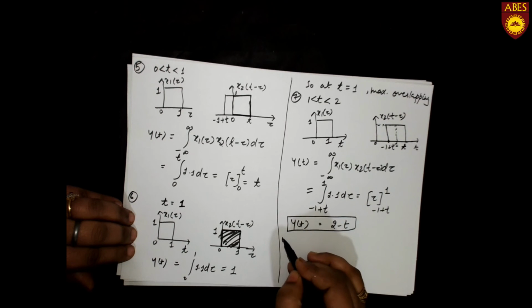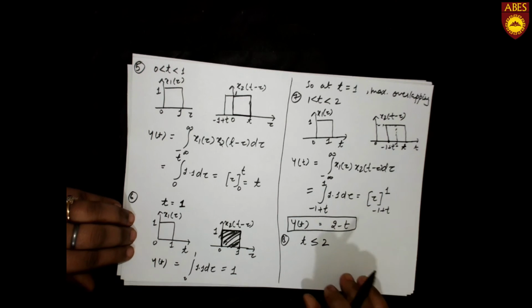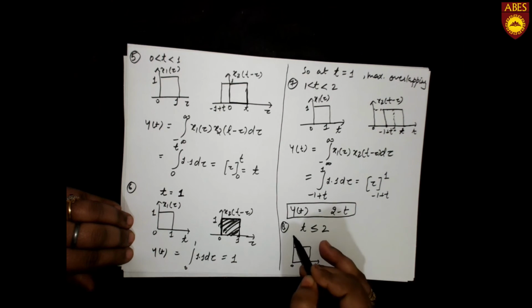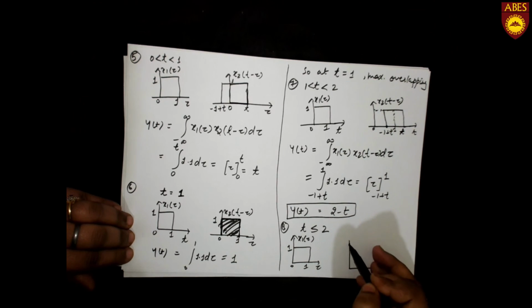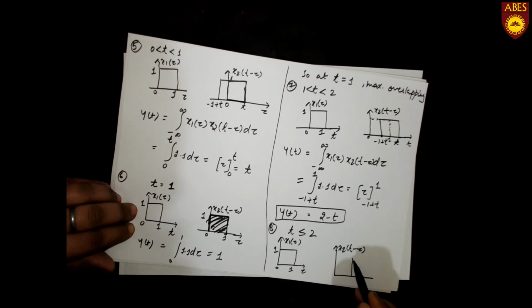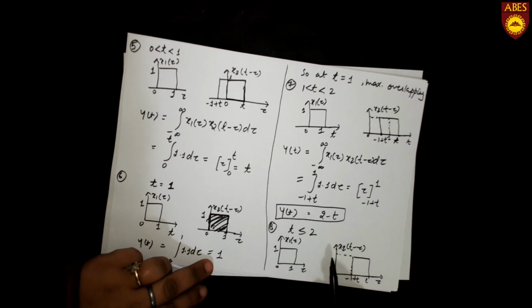Now the next condition is to assume that t is greater than or equal to 2.